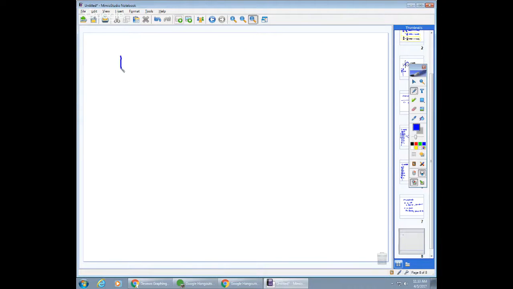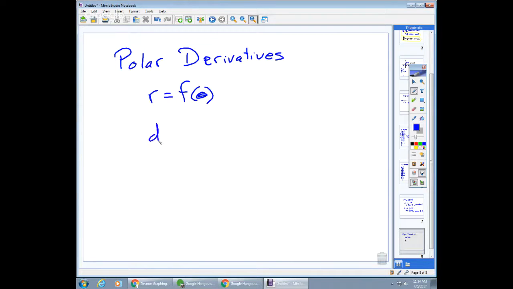All right, so let's talk about polar derivatives, and then we'll do area. Now, usually when we take the derivative of a function, here we have something like r equals f of theta, the common thing to do is take the derivative with respect to the independent variable, in which case we're interested in what we call dr d theta, which we could also write as f prime of theta.